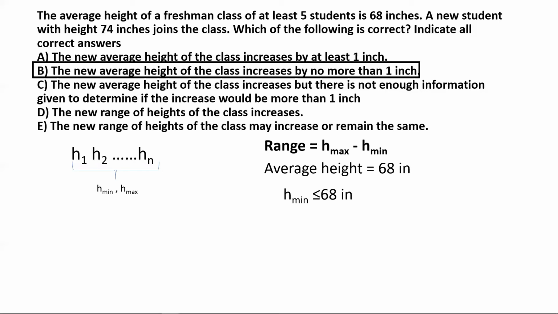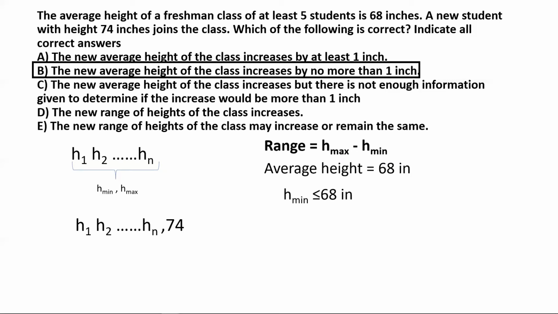Now let's consider what happens to the range when the new student joins. So you still have the heights H1 through Hn, but now you have a new height, that's the n plus 1th student who joined the class. So that's the height of 74 inches.